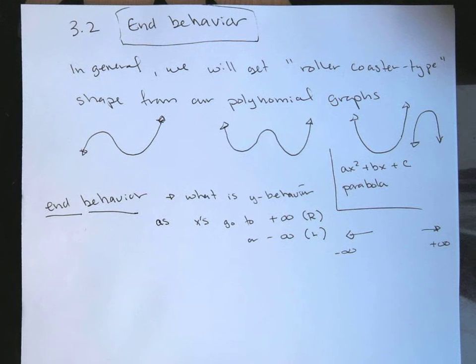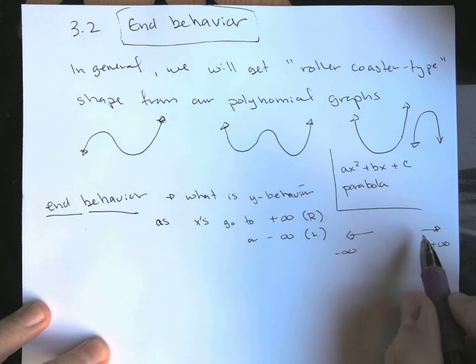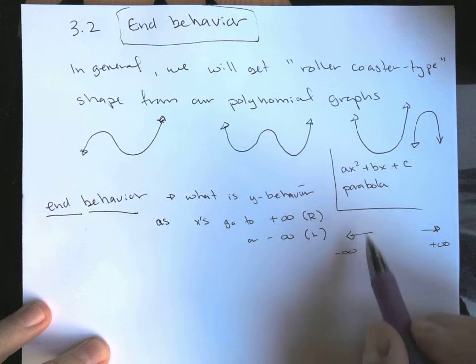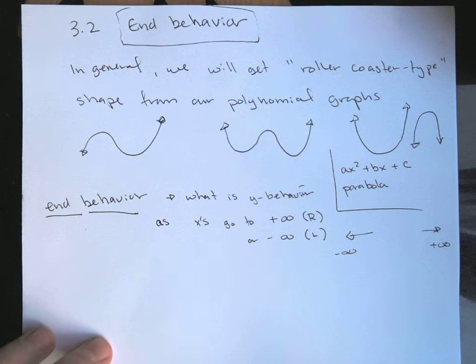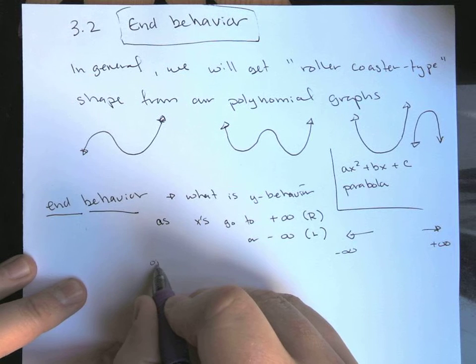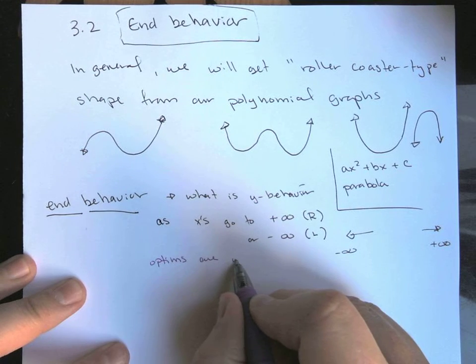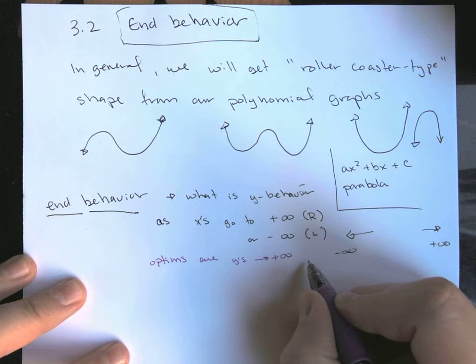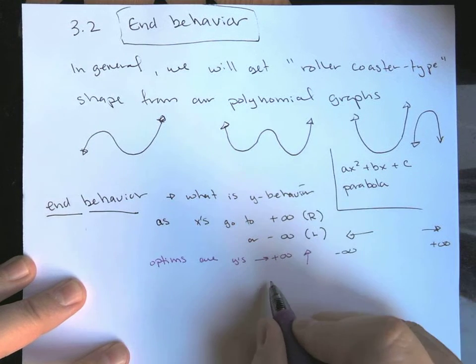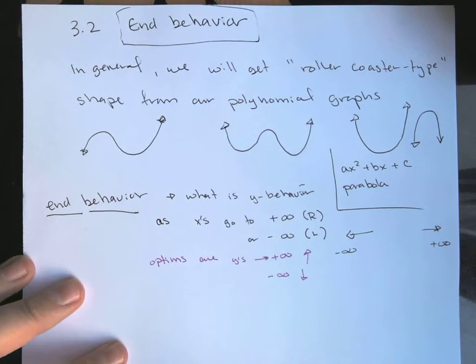Your graph could be going up to positive infinity, or it could be going down, in either direction. So the options are the y's go to positive infinity, they go up, or they go to negative infinity, which means they're heading down.